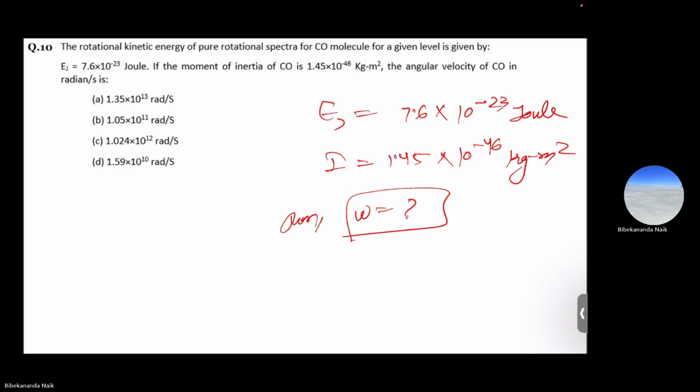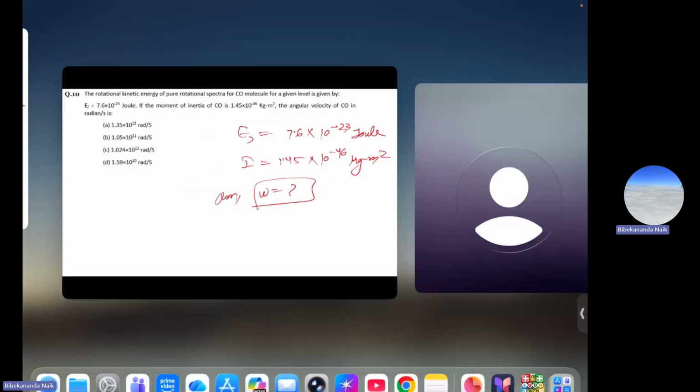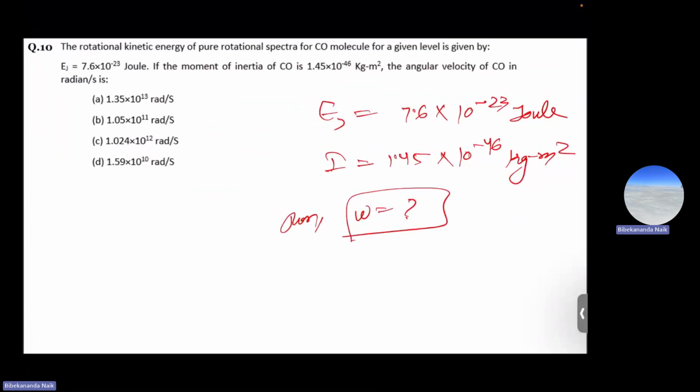The options are option A 1.35 into 10 to the power 13 radian per second, option B 1.05 into 10 to the power 11 radian per second, option C 1.024 into 10 to the power 12 radian per second, or option D 1.59 into 10 to the power 10 radian per second.